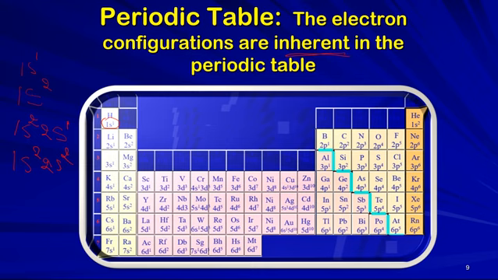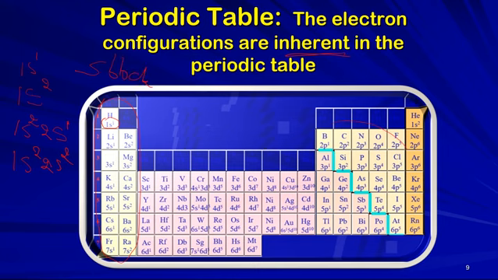So you can determine what we call blocks, depending on the subshells which are being filled. For example, all these elements, the subshell we are filling is S, and because of that we say that they are in S block.